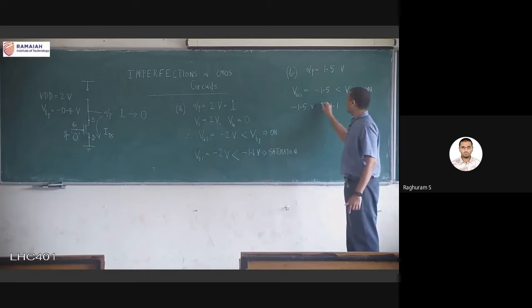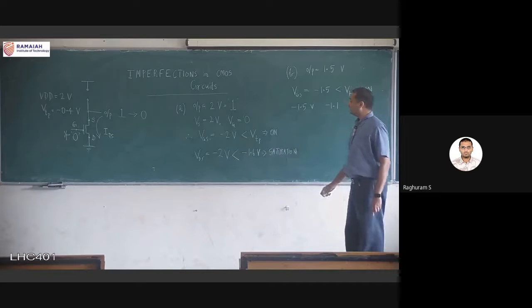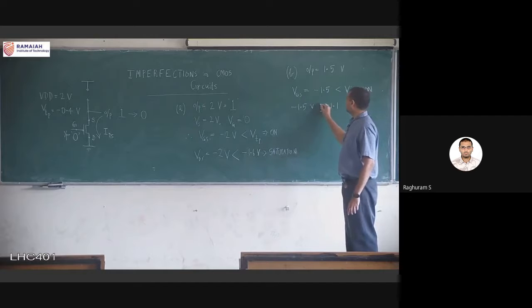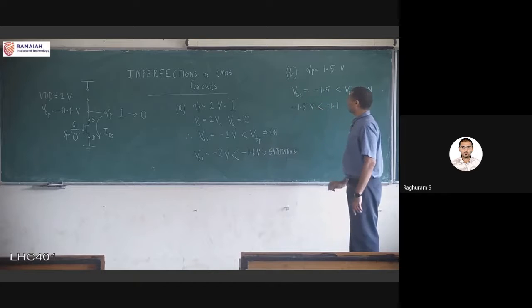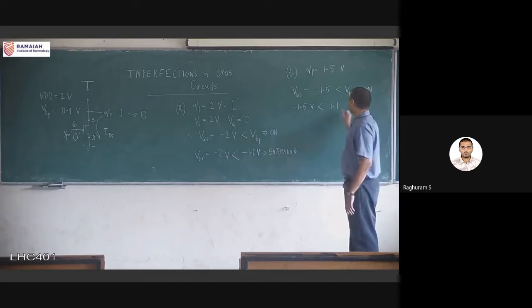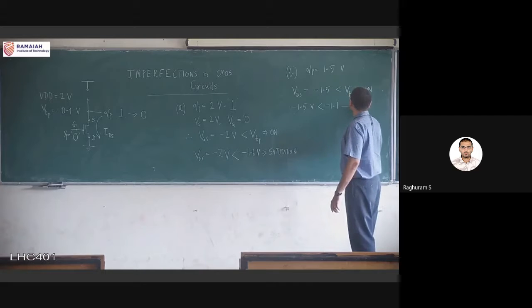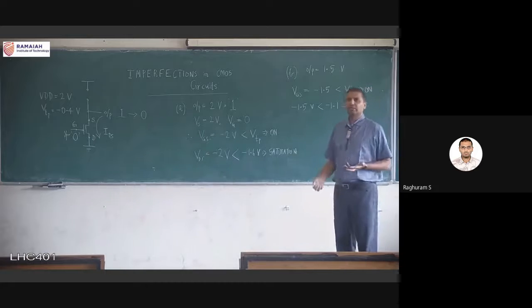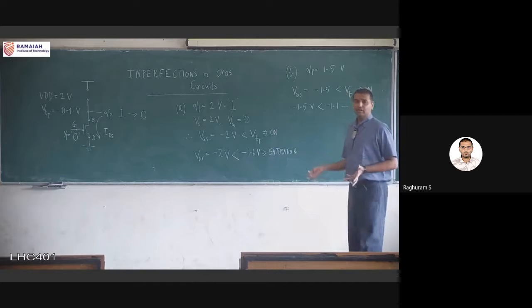Now which is greater, minus 1.1 or minus 1.5? So VGS minus VT is greater, which means it continues to be in saturation region of operation.